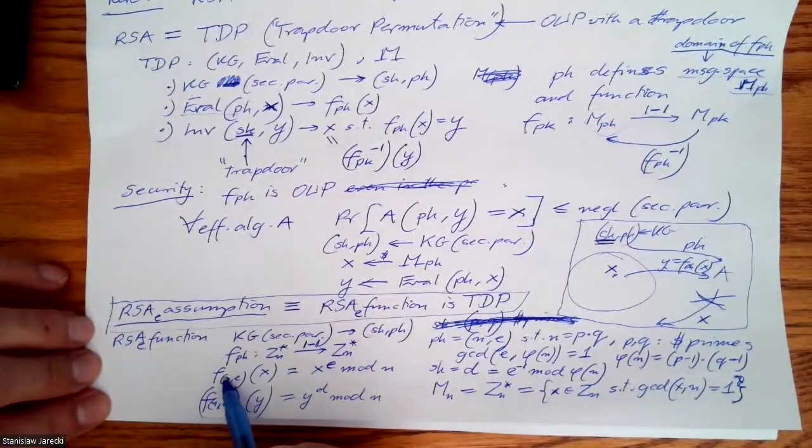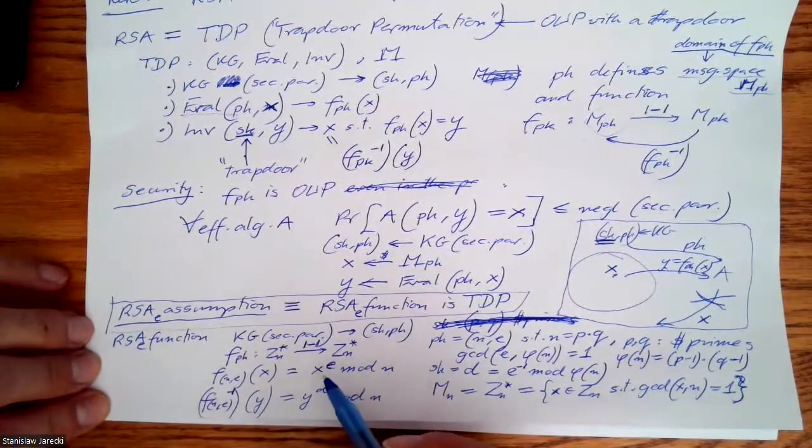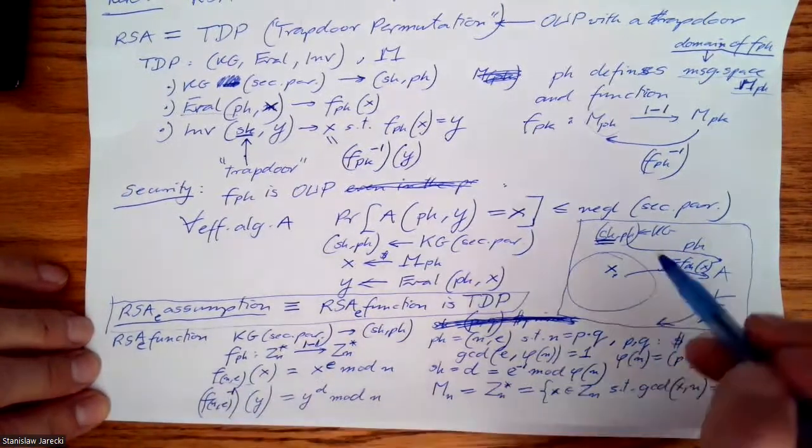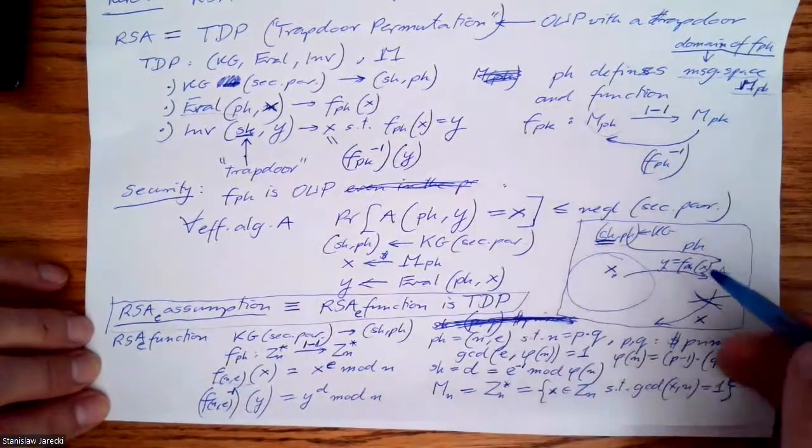The RSA assumption is that this particular function is a trapdoor permutation, in other words, that this function is a one-way function. That's exactly how we defined the RSA assumption last time.